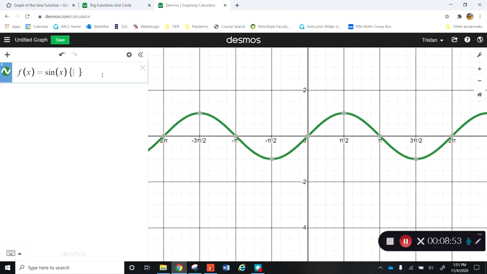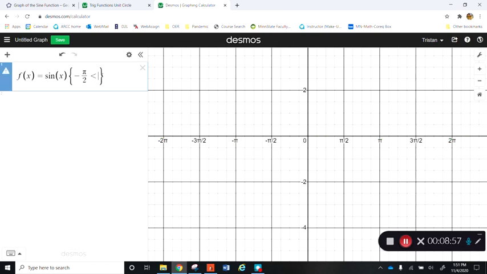Let me restrict it here to negative pi/2 less than or equal to x less than or equal to positive pi/2. And there we go. That gives us a segment of the sine function, which is now one-to-one. This now passes the horizontal line test. Like I was saying earlier, this is by no means the only option.